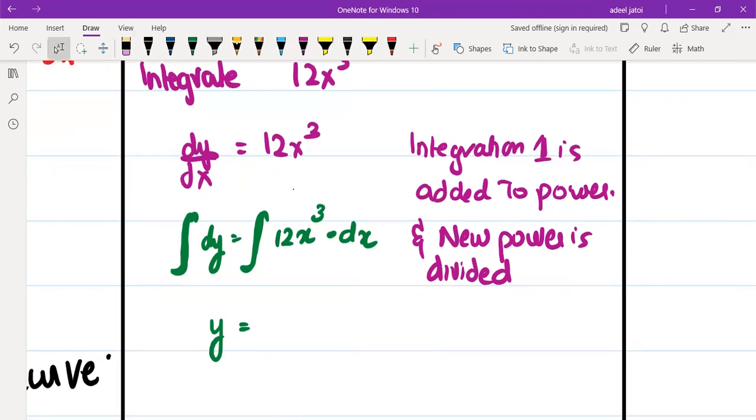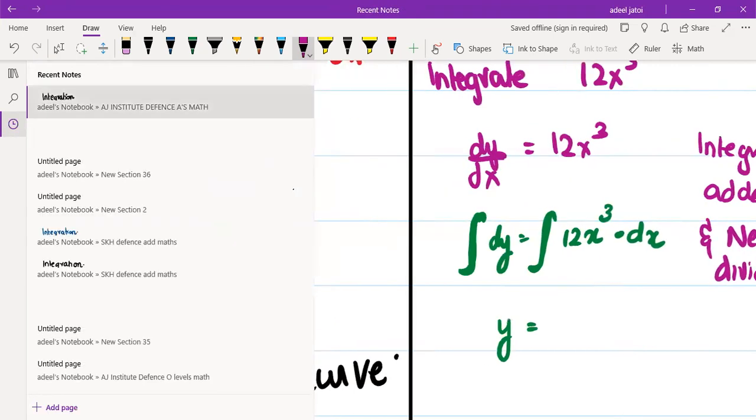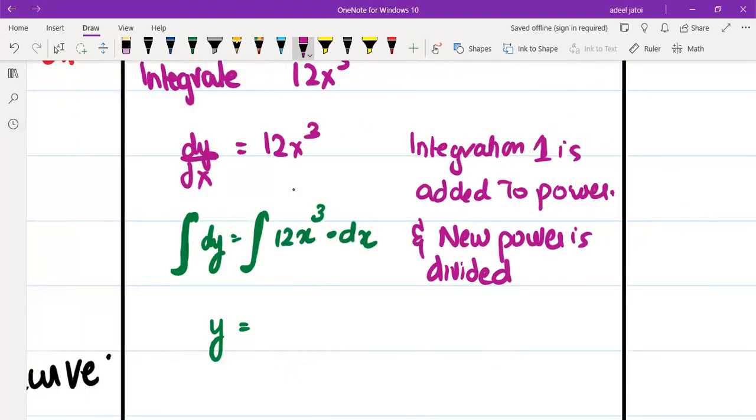So we make sure that we understand that this 12 is the coefficient. So let's just write it down. This 3 will add 1.